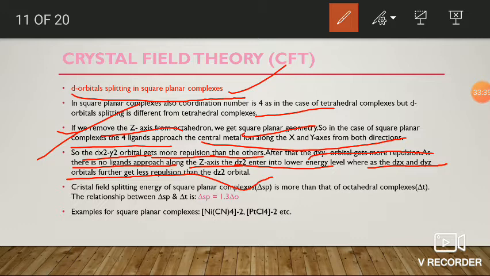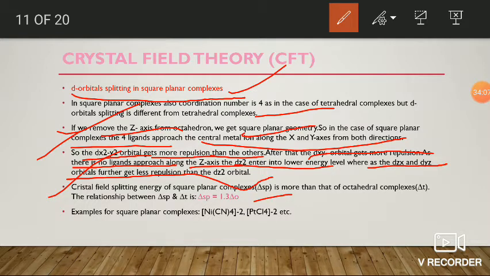After that, the lowest energy or least repulsed d orbitals are dyz and dzx. This is the splitting of the 5 d orbitals in square planar geometry. Here, the crystal field splitting energy of the square planar complex is denoted as delta sp, where sp means square planar.